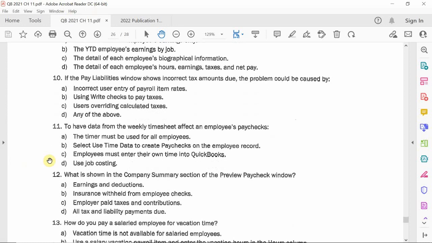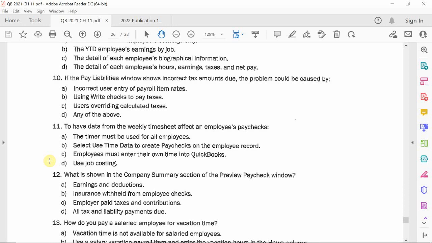Okay. And then number 11, to have data from the weekly timesheet affect an employee's paycheck, what do you need to do? B. Good.